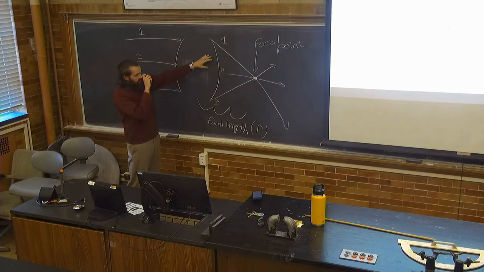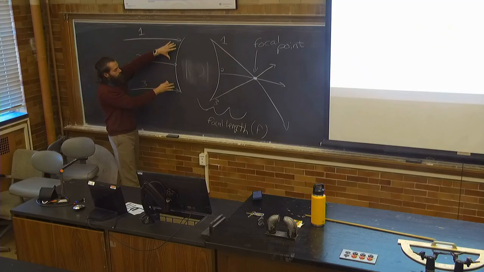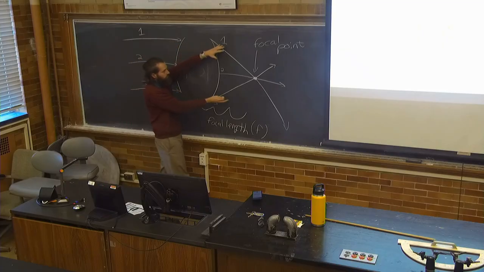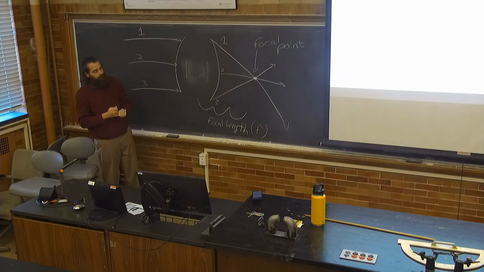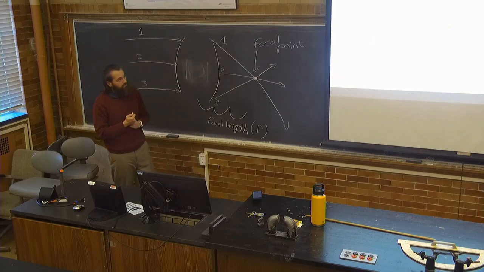The reason that this is a converging lens is we take a bunch of parallel light rays, and when they interact with the lens, they will converge behind the lens. You can also do this process backwards.